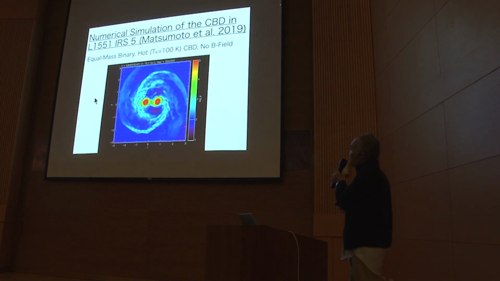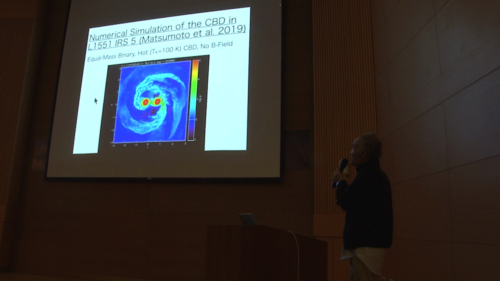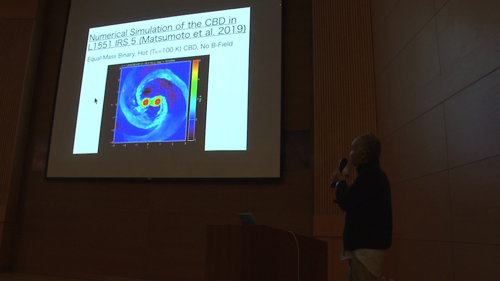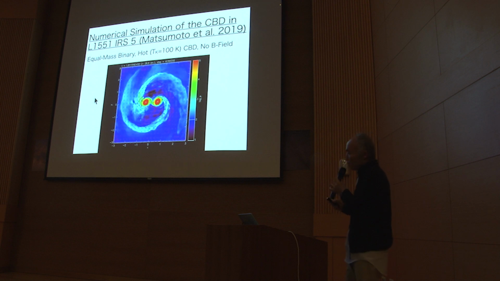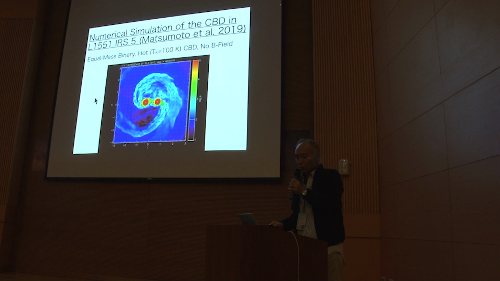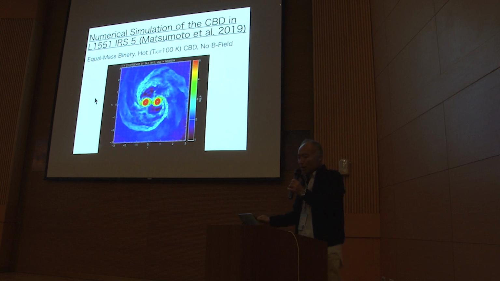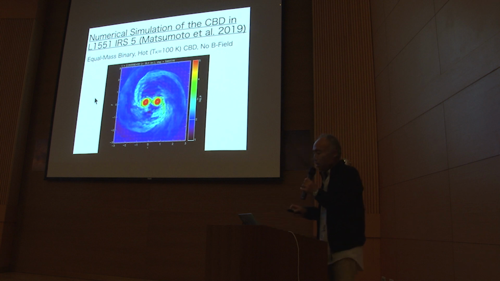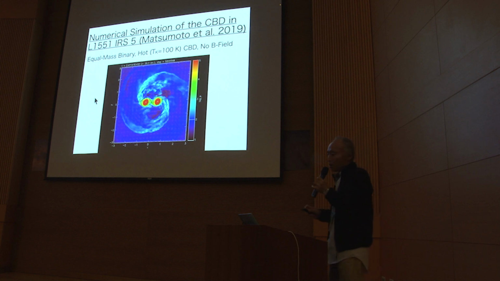We have two circumstellar disks, and from each circumstellar disk we have this arm structure. We also made an observation simulation and compared our observation with this model, and we found a nice match between observation and theory.